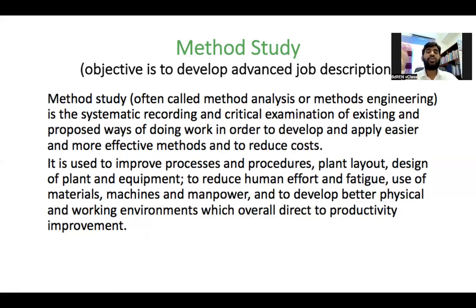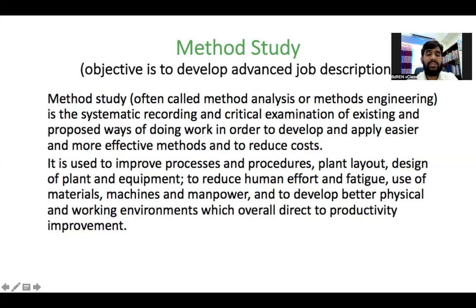The way you are doing, you can produce 20 units. If you revise the way of doing the same job, maybe the output will increase with the same amount of input. That means it will increase the productivity. Right this moment, you are producing 20 units. Maybe after redesigning the system, after method study, you can produce 25 units.